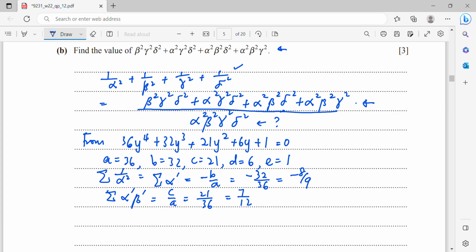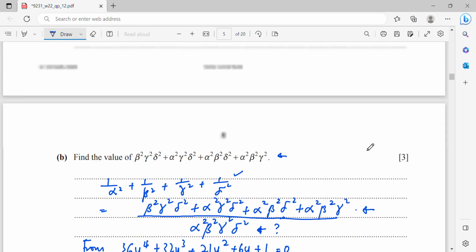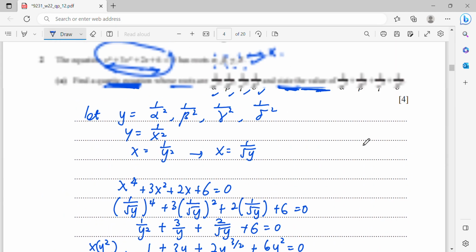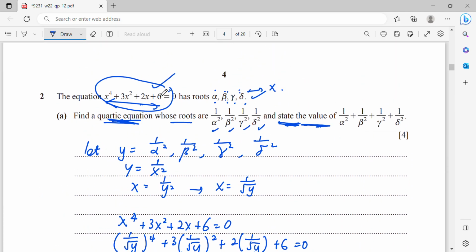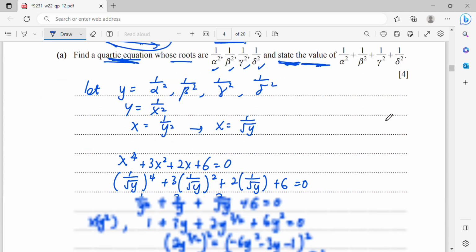Now I need to find the denominator. So I need to refer to the original quartic equation, which is in terms of x. When I multiply all these together, that will be alpha, beta, gamma, delta.